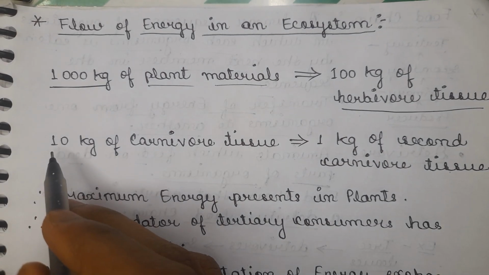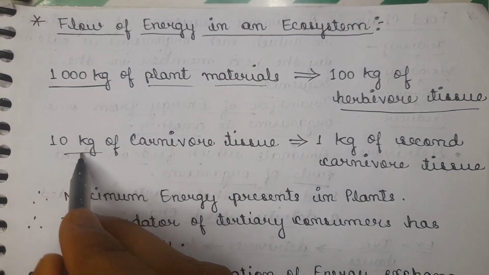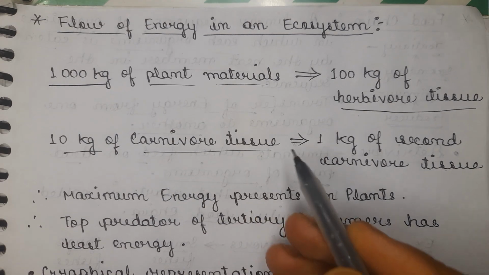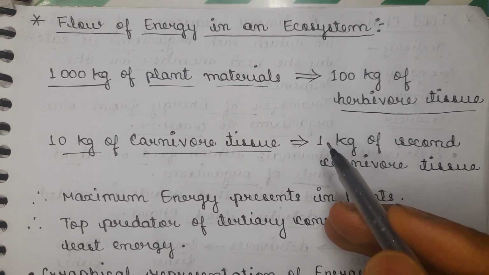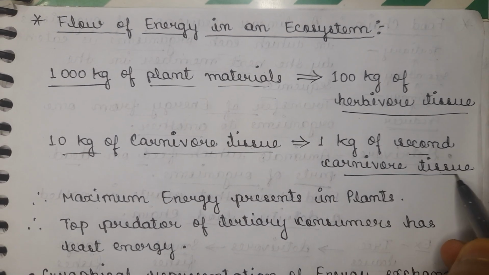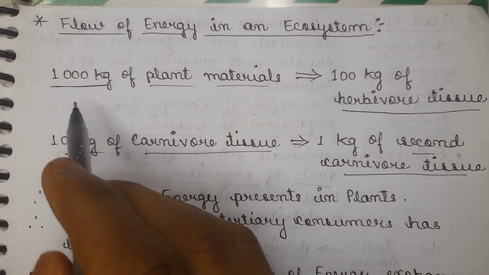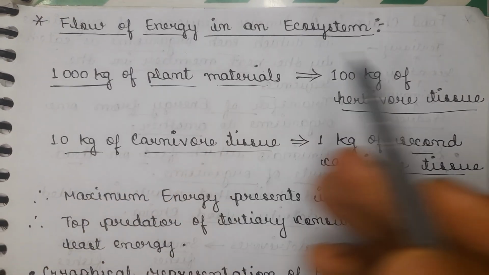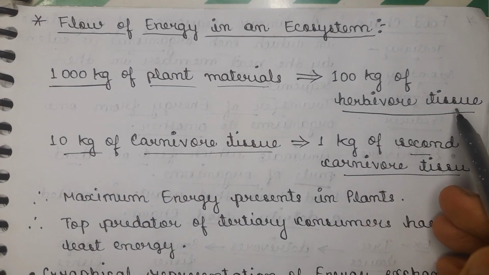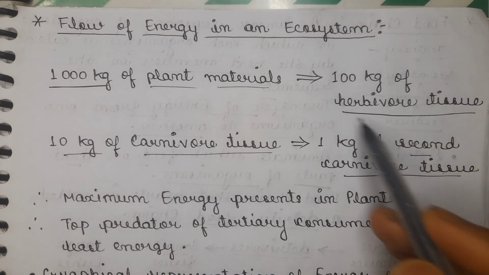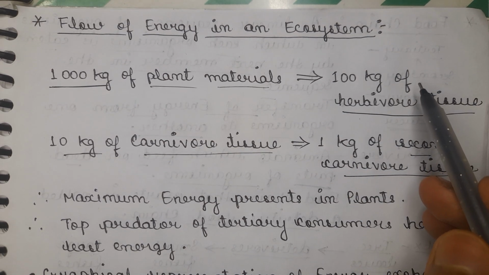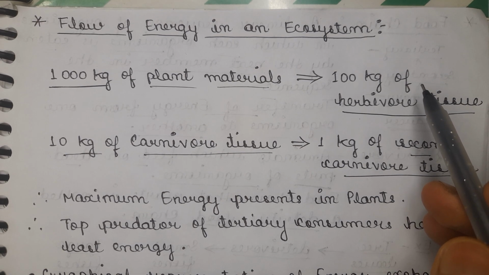Now this converts into 10 kilograms of carnivore tissue and 1 kg of second level carnivore tissue. So here we are able to see that 1000 kg of plant tissue is converted into 100 kg of herbivorous tissue. So the plants have more energy as compared to any other organism, that is the primary, secondary or tertiary consumers.